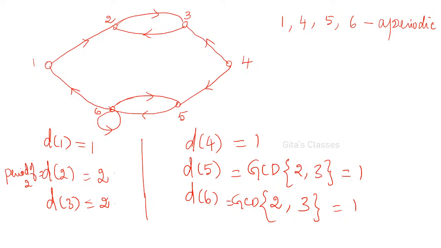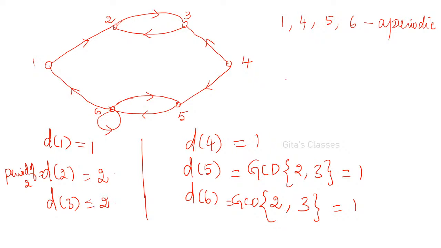Then 5, 6, 5, 6, then again 6. You can take this also. So in that case you will get 3. Yes, very good Sharanya. So 1, 4, 5, 6: if the period is 1 it is called aperiodic, otherwise it has a period. So 2 and 3 have period 2.